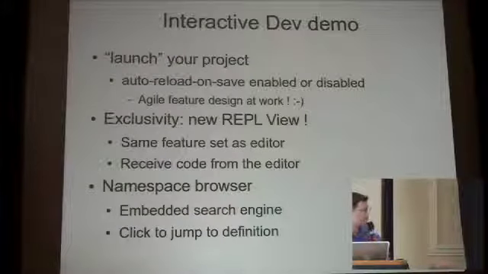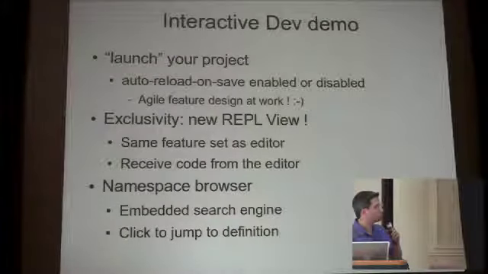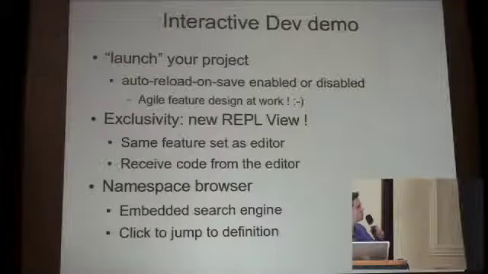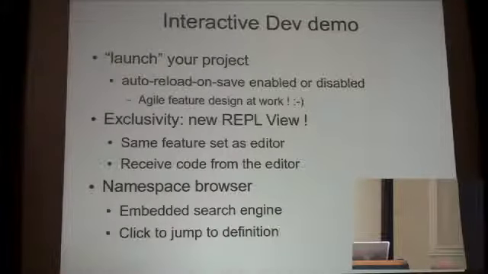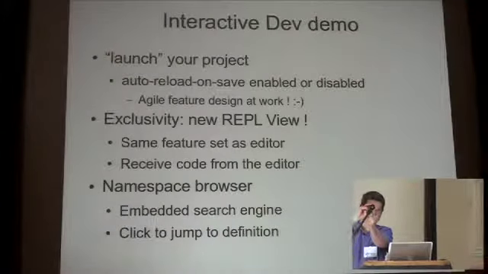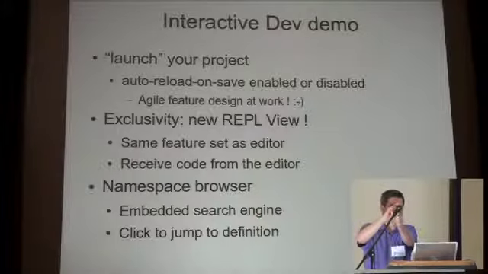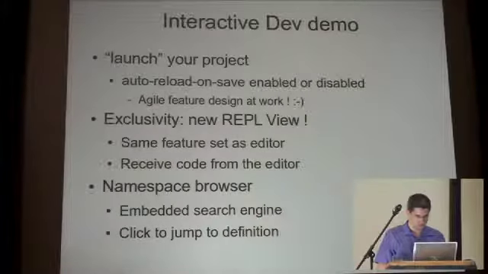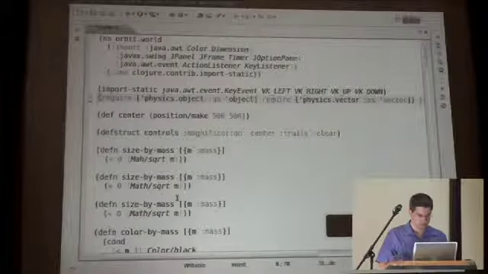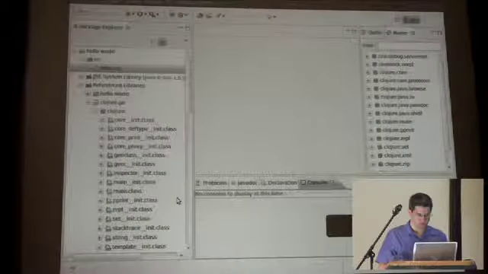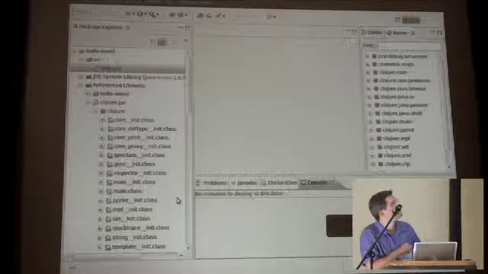So I will do a quick demo for showing interactivity. It will not be really impressive. It's just to show you how it will look in the next release of Counterclockwise. Hello world.